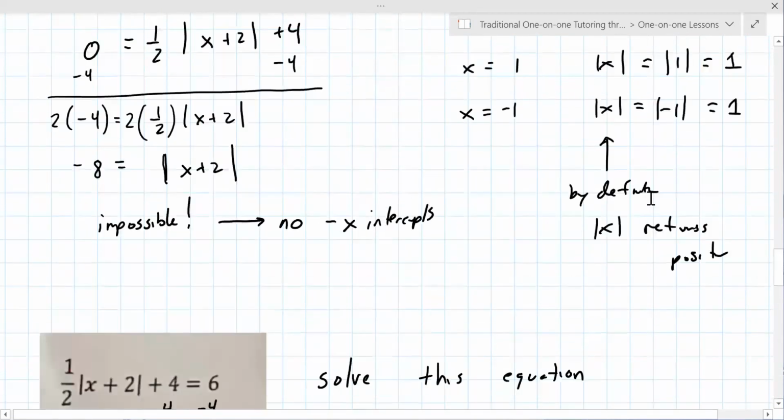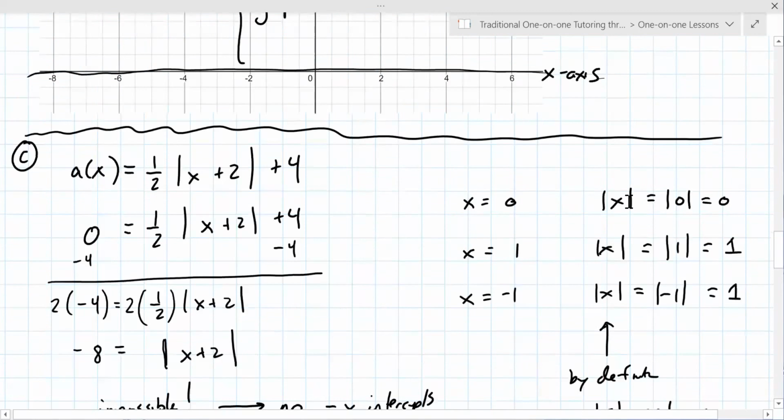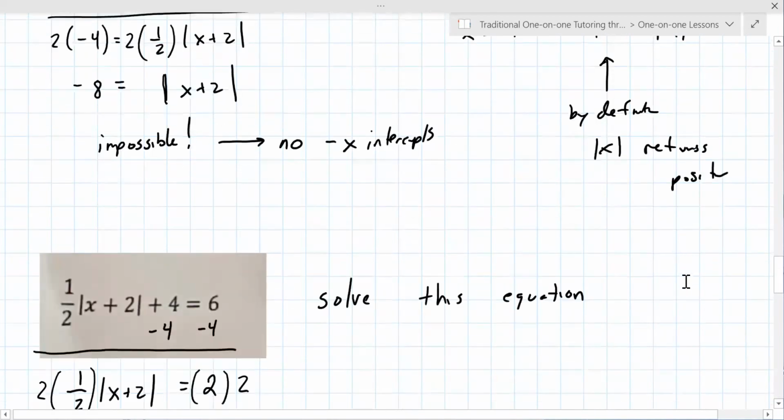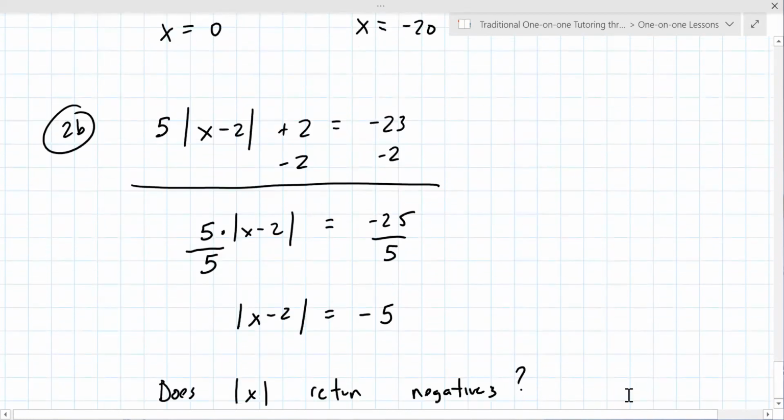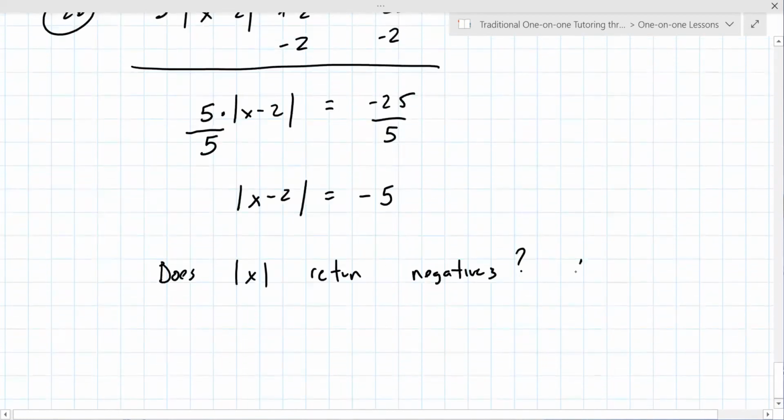Let's go back and look. The absolute value of 0 is 0. The absolute value of 1 is 1. The absolute value of negative 1 is positive 1. Does absolute value ever return negatives? No. So this right here, do you see how this is negative? This has no solution. No solution.